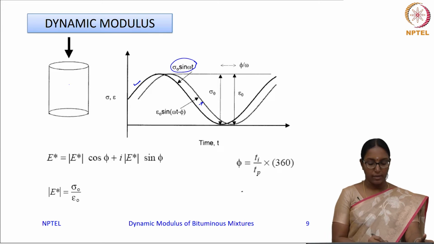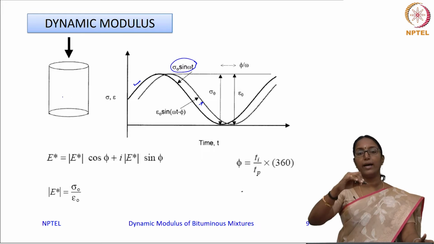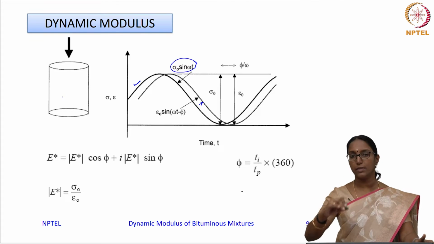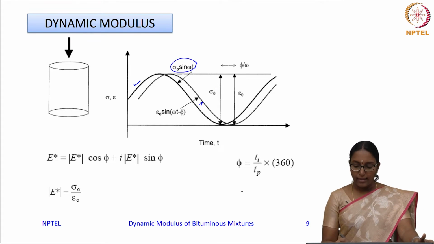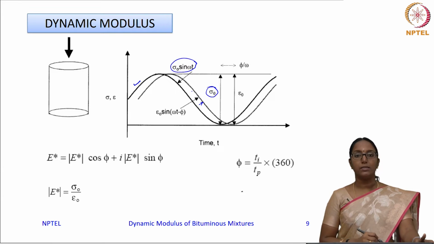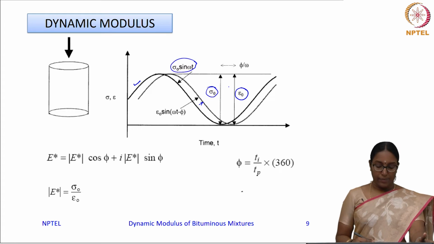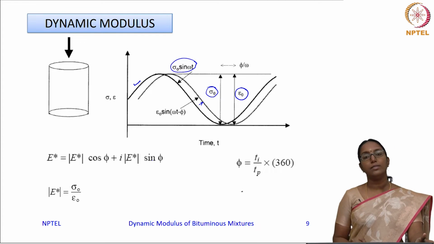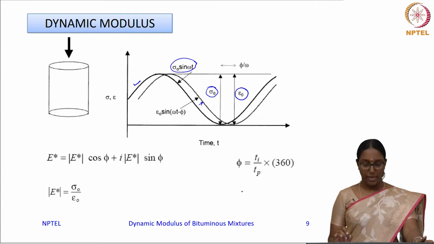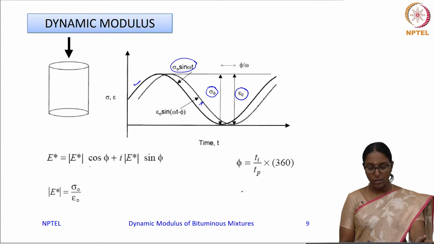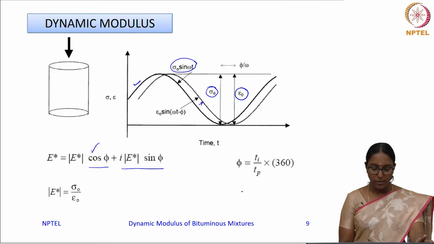Okay. Now, here the sample is shown as a cylindrical sample and you apply an axial compressive sinusoidal stress. Let the peak to peak stress be sigma 0 and the peak to peak strain be epsilon 0. Then this modulus value is a complex modulus which can be expressed as mod E star cos phi plus i E star sin phi, where this is the real part and this is the imaginary part of the function.